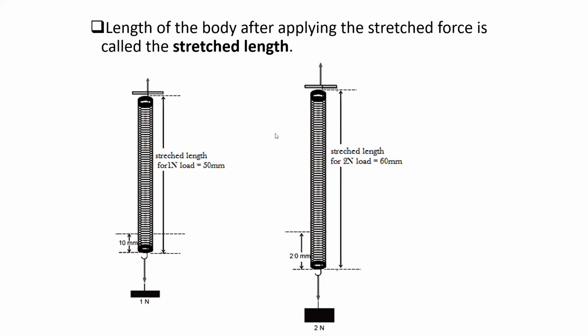So if I have a spring which is unstretched, and originally it has a length of 5 centimeter, that is the length of the unstretched spring. Now what happened?